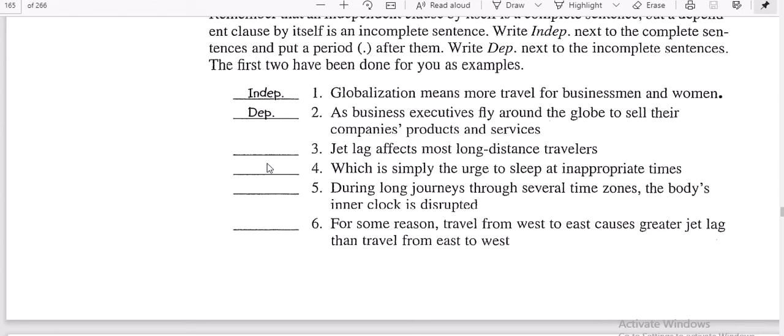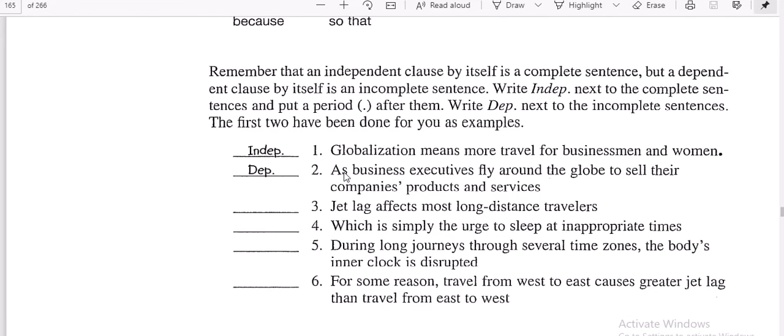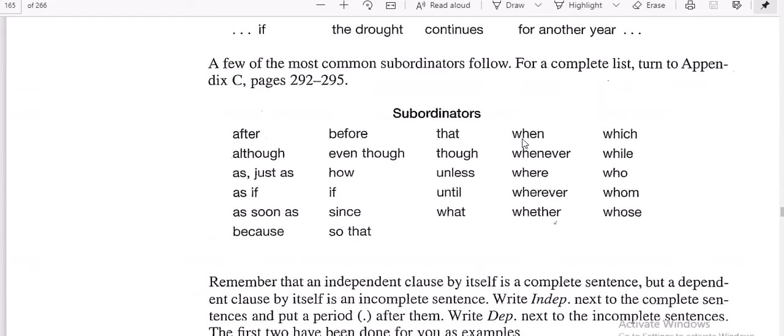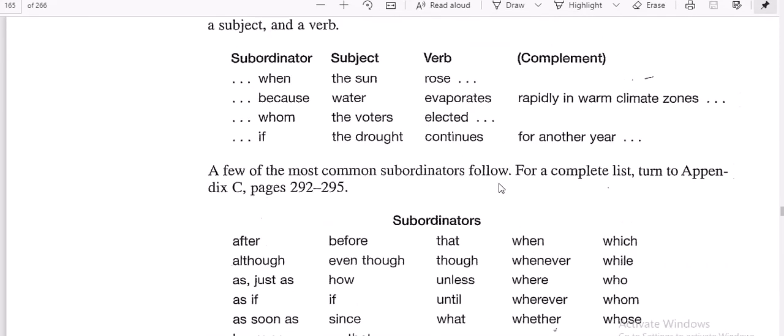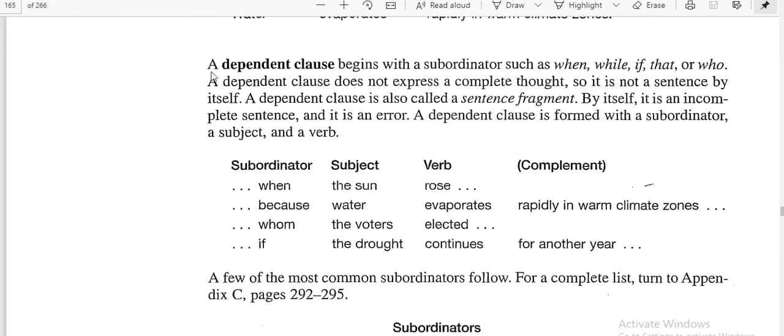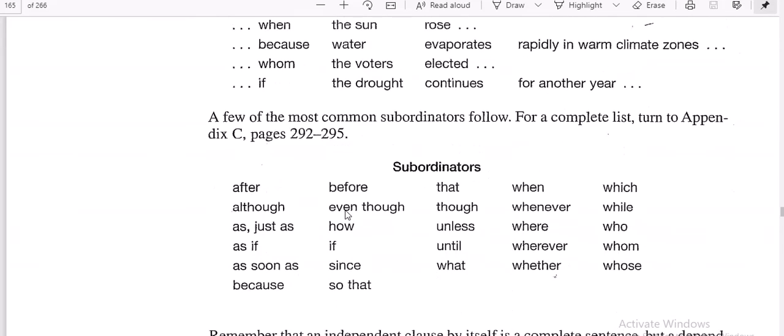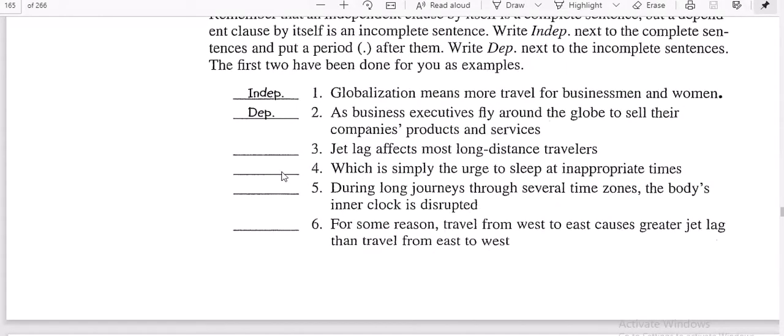Yes, independent. Which is simply the art to sleep at the inappropriate times. Which is what? Which is a subordinator. So this sentence is what? Dependent.